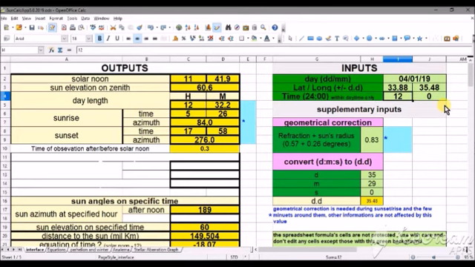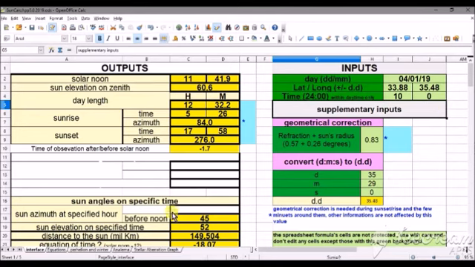So if we say 10 a.m., at 10 a.m., that's before noon, the sun azimuth will be 45 and the sun elevation will be 52. And this here indicates that the time of reading is 1 hour 0.7 before the solar noon.